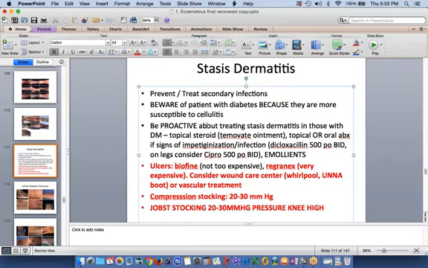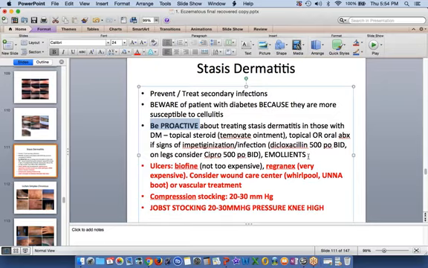But the best thing to do is to be proactive and get that boot on ASAP, because what you're treating are usually incompetent veins with valves that are not working well. So if you place compression, it pushes the venous circulation back towards the heart.